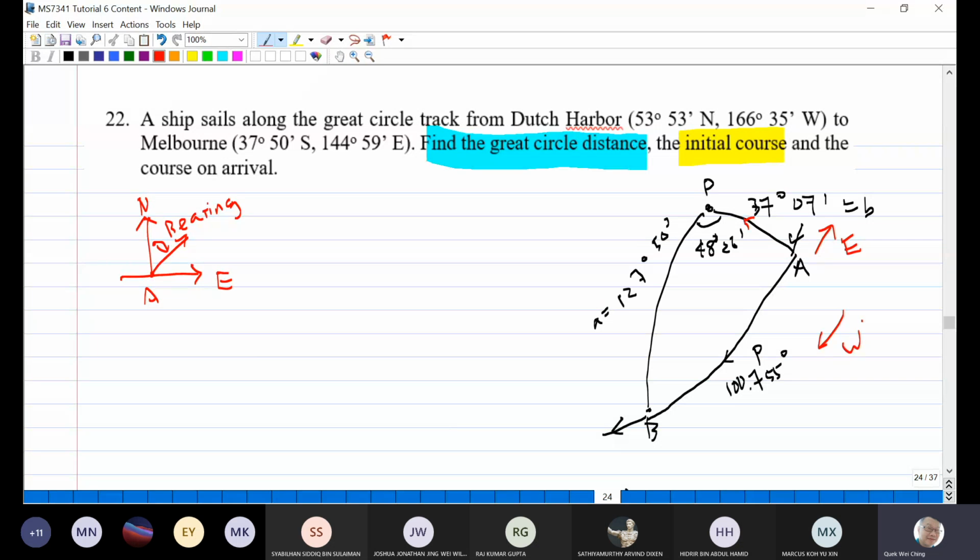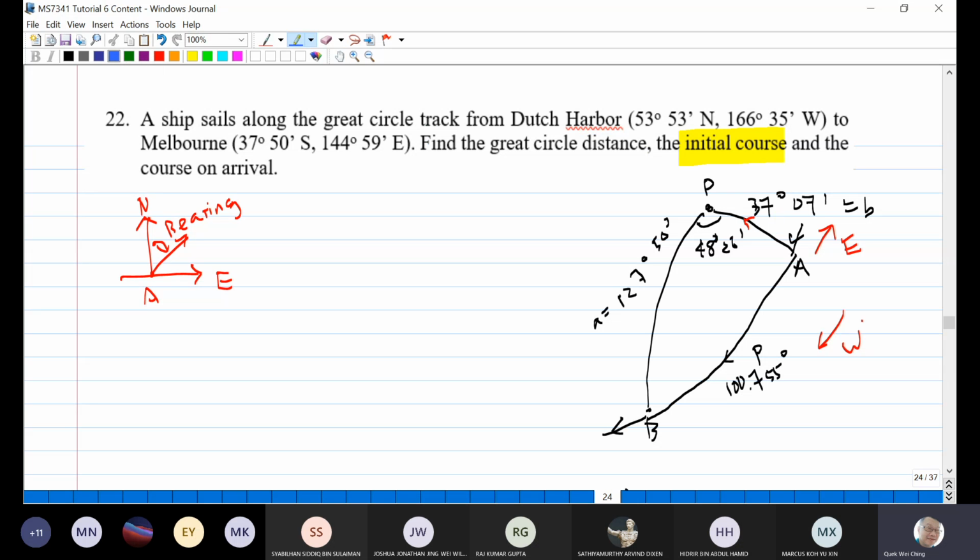So how to find the bearing here? The bearing is the direction of the ship, right? So I have to find the initial course. Let me erase this one. Initial course means direction of course, right? Let me draw a picture here.